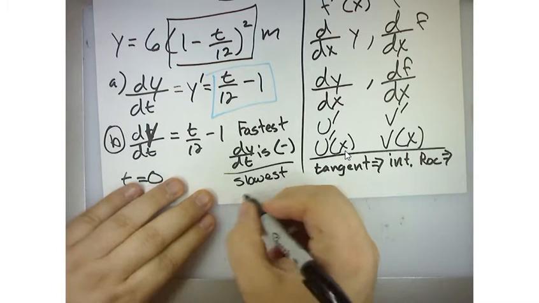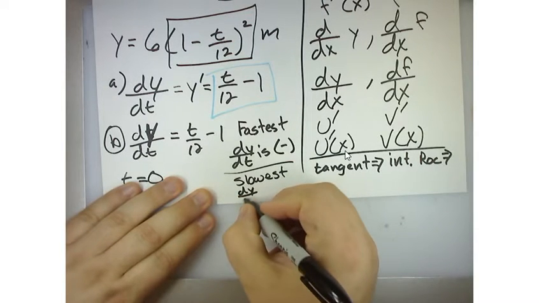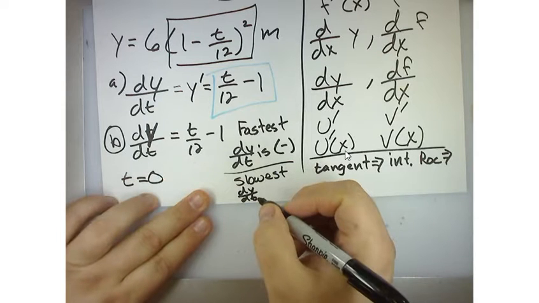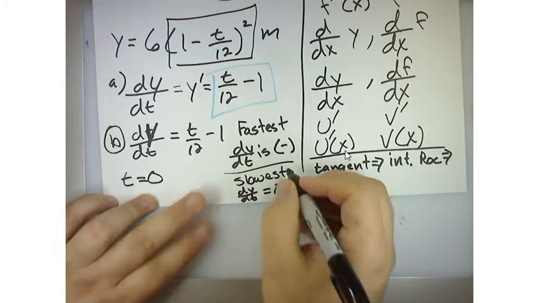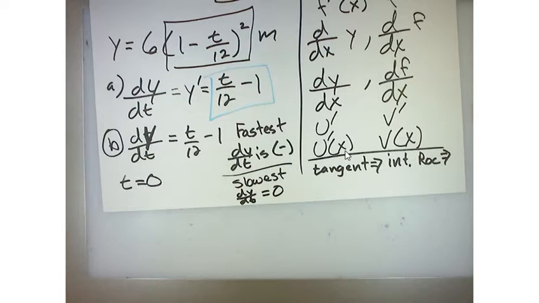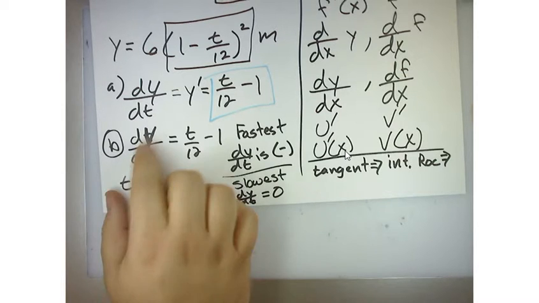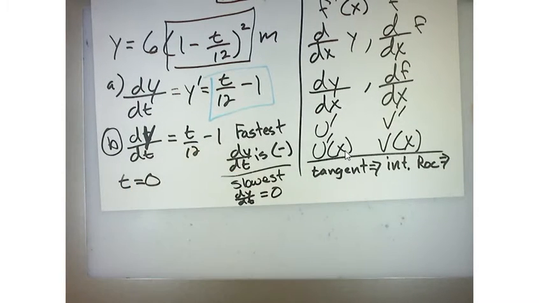I'll give you a clue. When does dy/dt equal 0? 12.